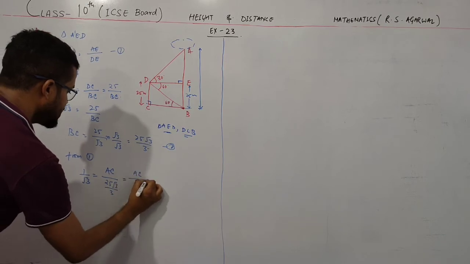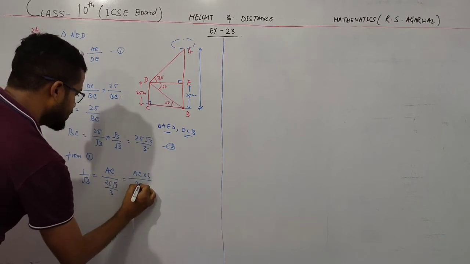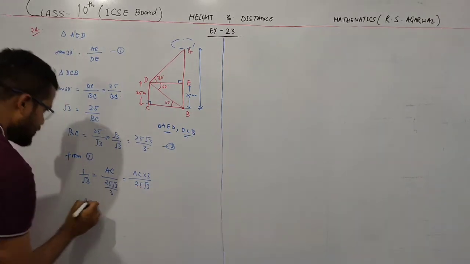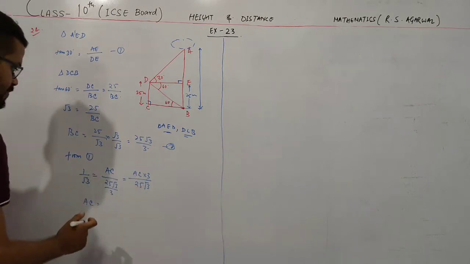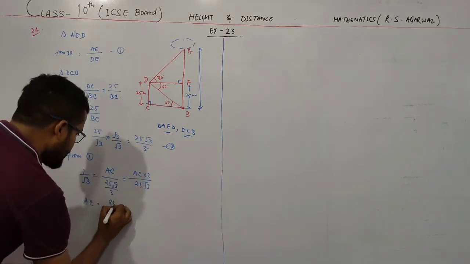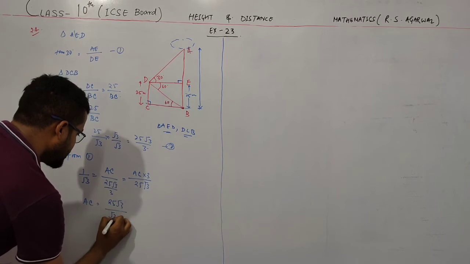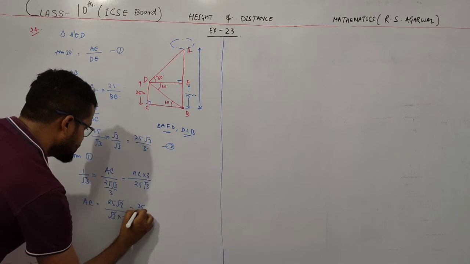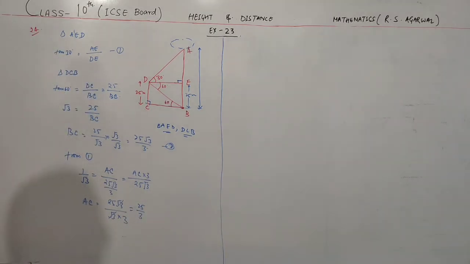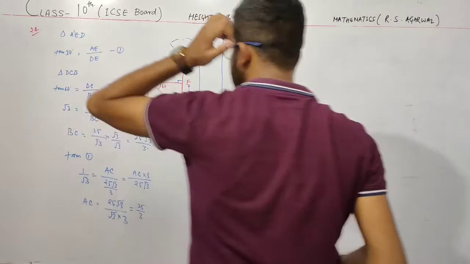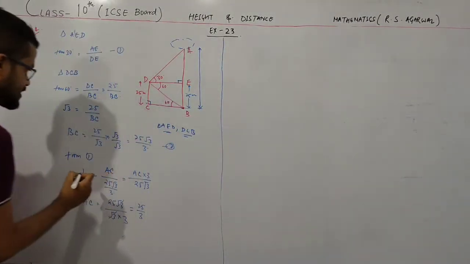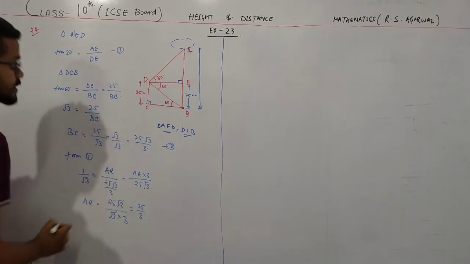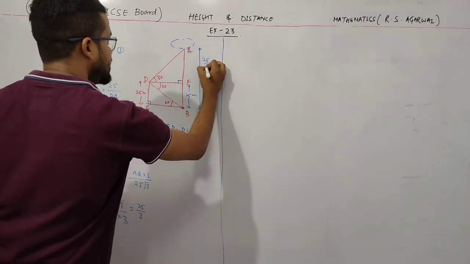Okay, so AE is equal to, cross multiply this value, so AE is equals to 25 root 3 divided by root 3 into 3. So root 3 cancel, this is 25 by 3. Sorry, not AC, this is AE. So AE is equals to 25 by 3.